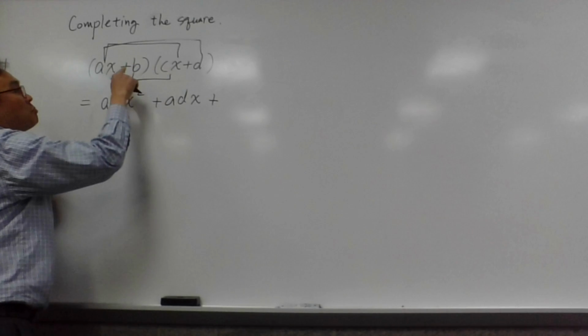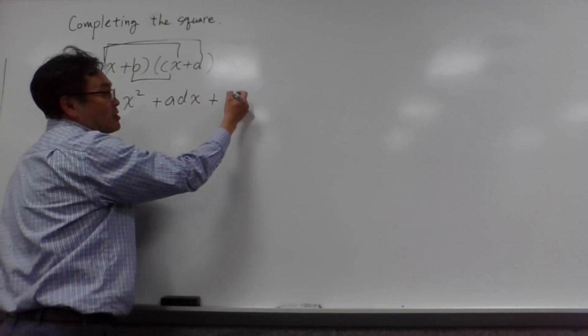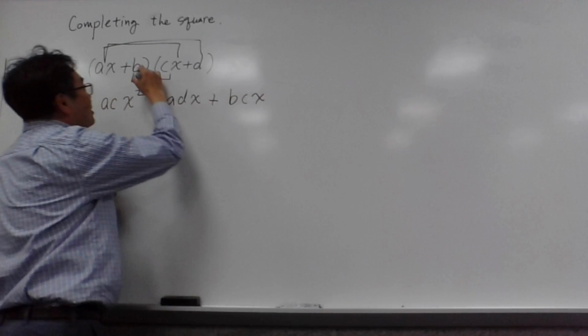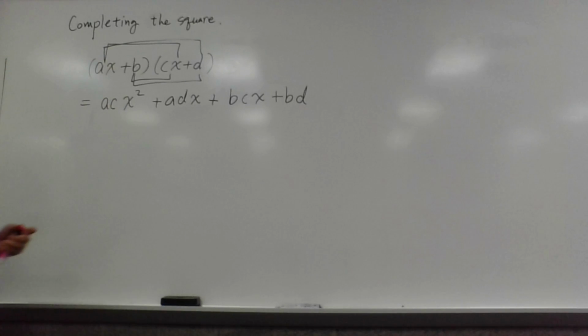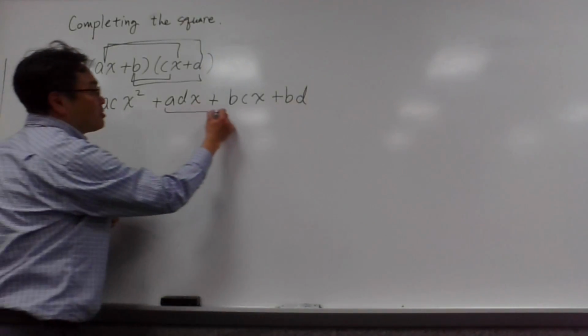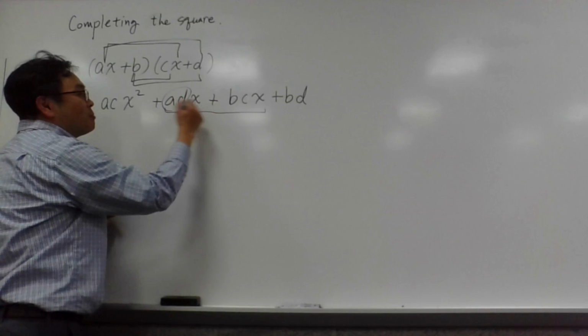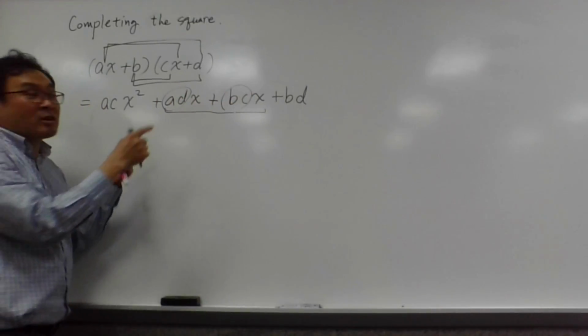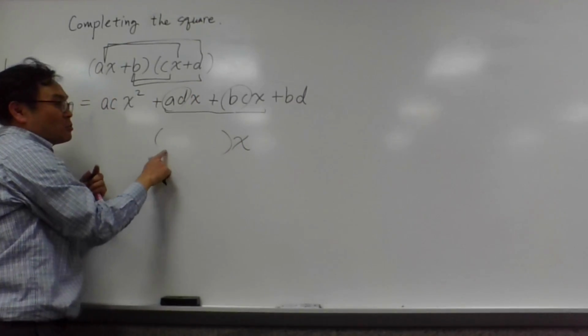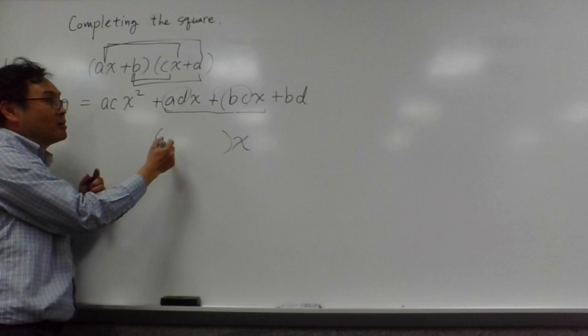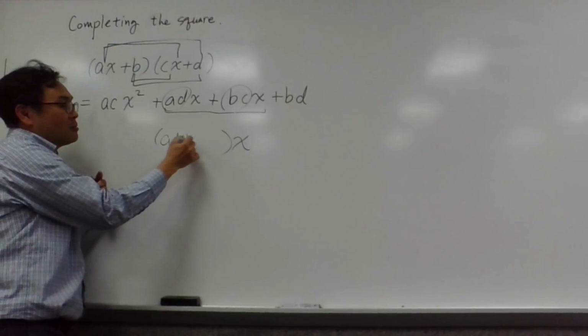And then b times cx, what's that? bcx. And last, which is bd. Okay, now what you do is these two middle terms, these are numbers times x, so these are like terms. So you can factor the x out. You're yanking out the x. What are the terms that are left behind? ad plus bc.